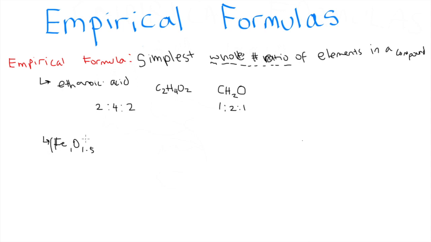So you take the entire equation and multiply it by 2, and that gives you Fe2O3, which would be iron 3 oxide. You can see that these all have whole numbers, so this would be the empirical formula.